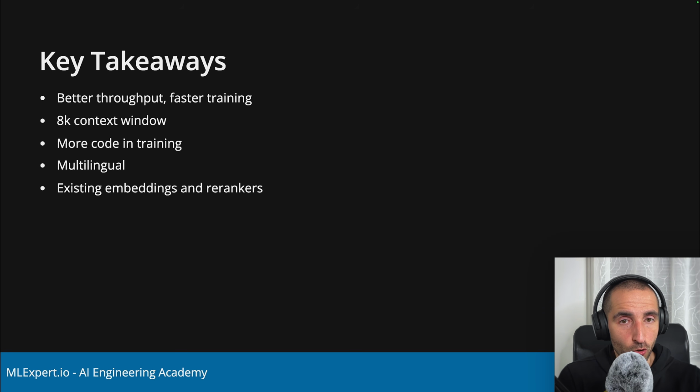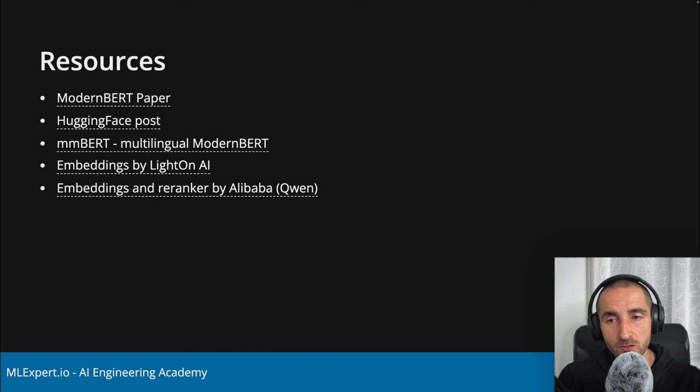There is much more code within the training. There is also a multilingual extension, and there exist a lot of embeddings and reranker models, which I'm going to show you within the notebook. There are a lot of interesting resources, and here are some of them. Especially, I'm going to show you the embeddings by the Alibaba Qwen team that is built on top of the ModernBERT model.